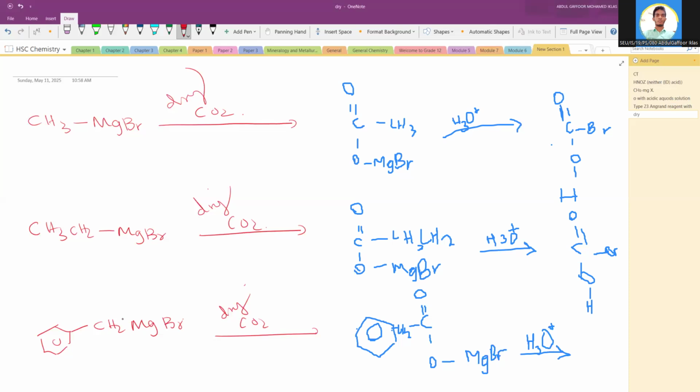So again, the same structure, but instead of MgBr, you would put HBr. Okay. Right. So that's all. Now we can move to the third type, right?